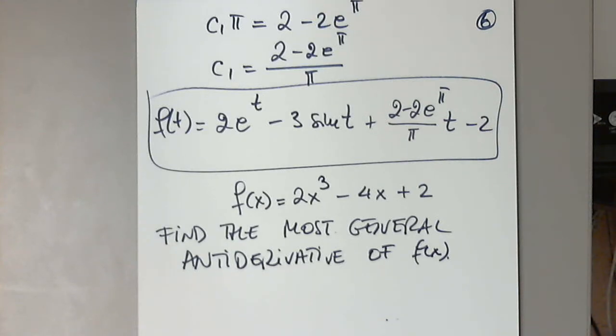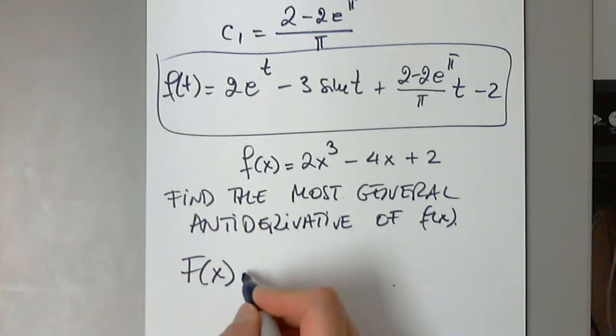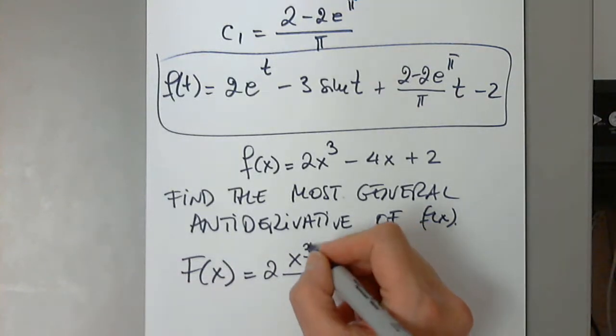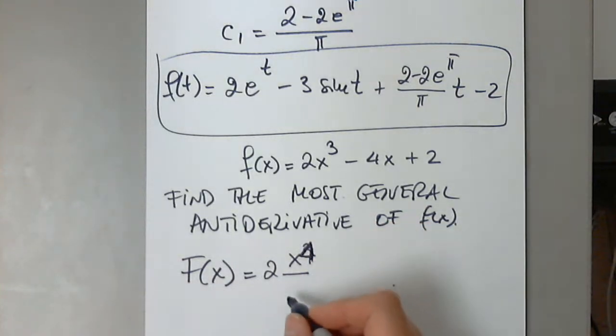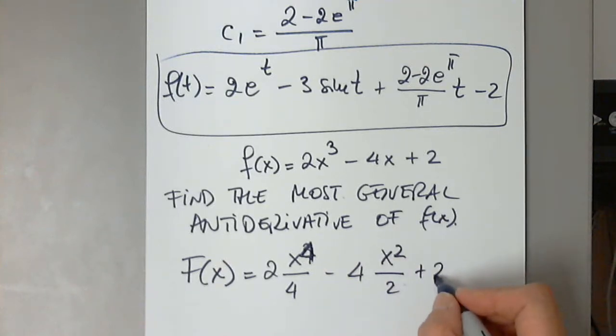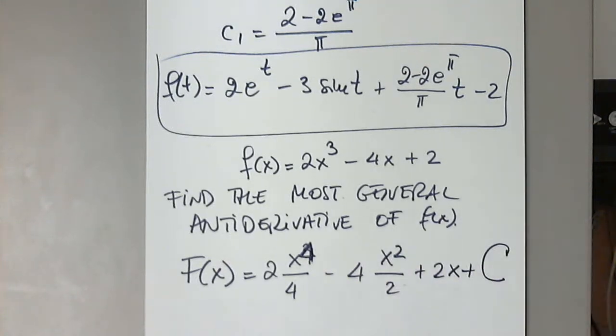First of all, what would be the notation? Very good. So this will be uppercase F. It will be 2x to the fourth over 4 minus 4x squared over 2 plus 2x plus a constant c.